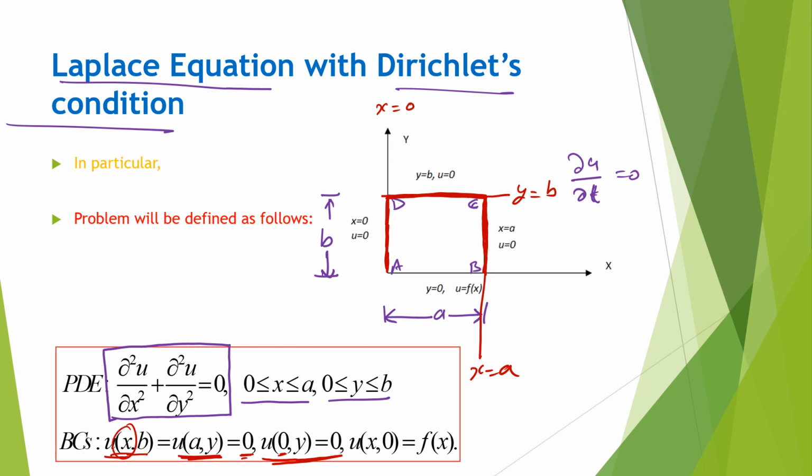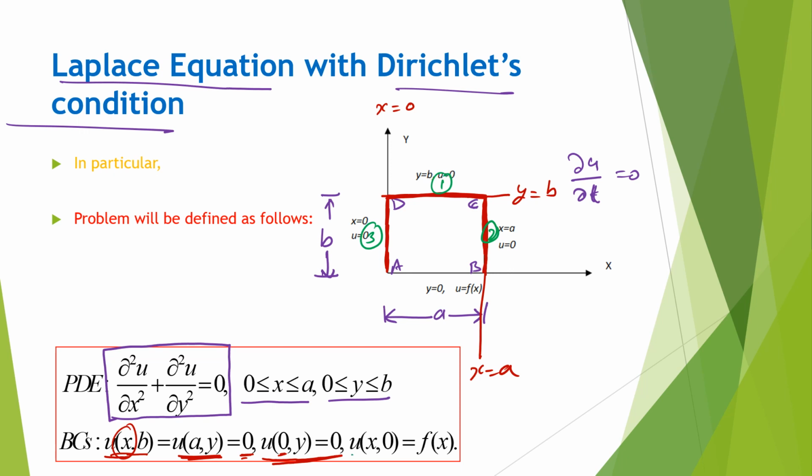That means we have three places where the temperature is 0: 1, 2 and 3. Without a temperature difference, the temperature will not change.